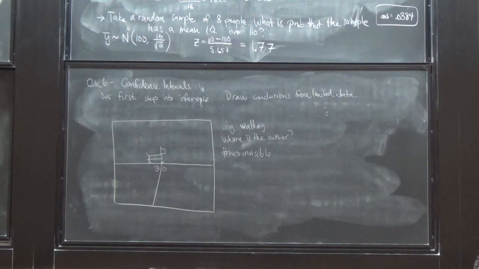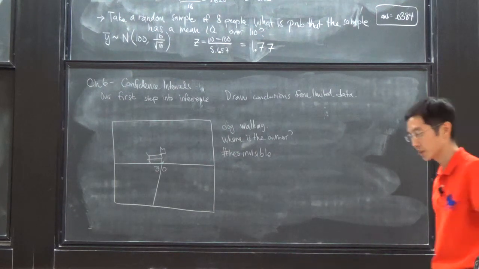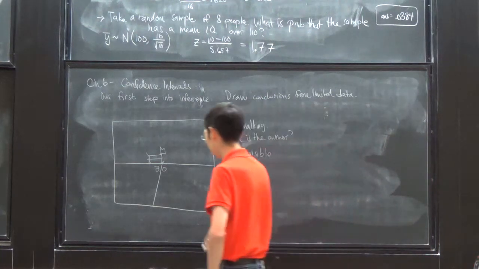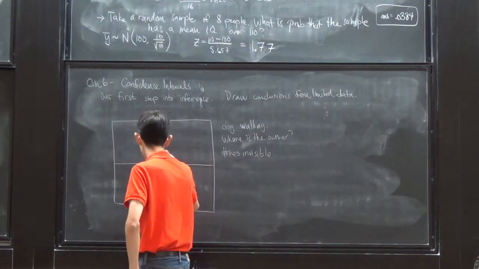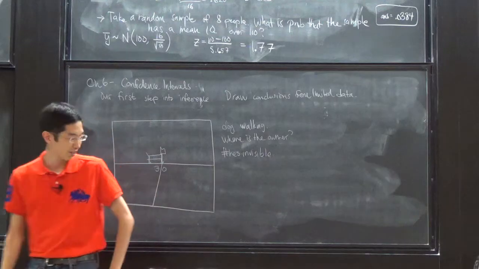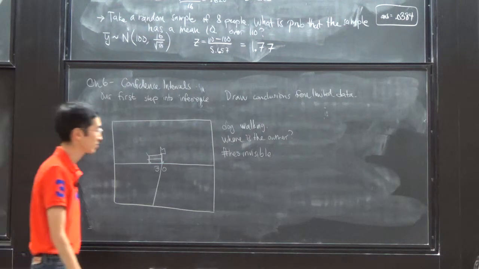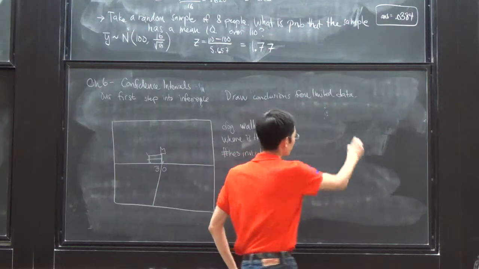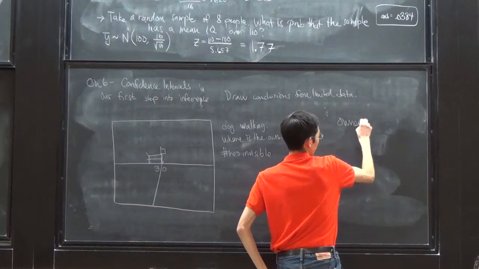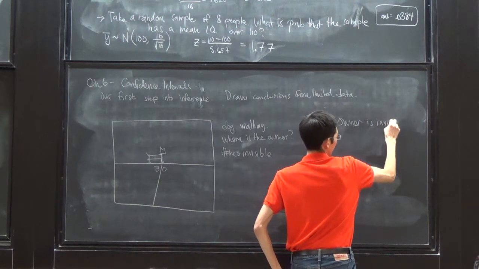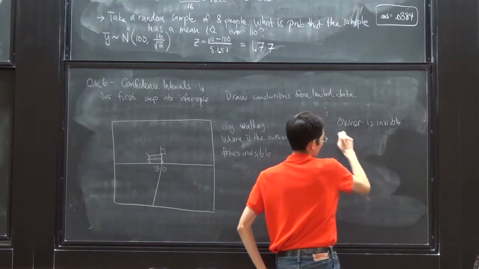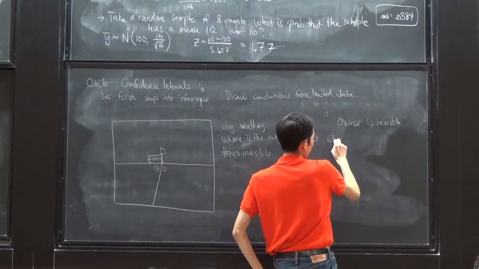We want to know, where is the owner? All we see is that the dog, his neck, is located at the 30-yard line. Okay. So the owner is invisible. And there's also a leash, an elastic leash that is invisible.